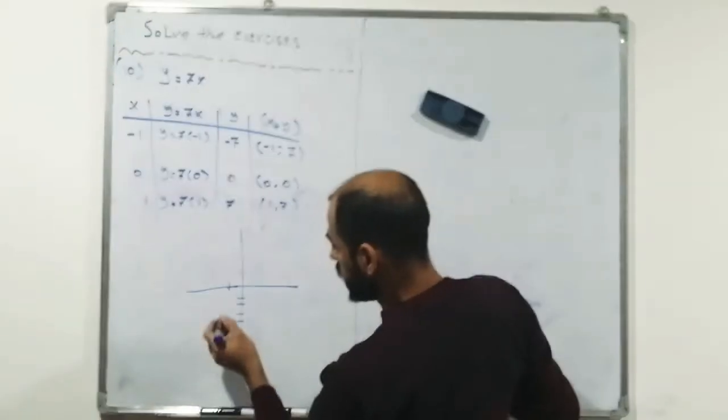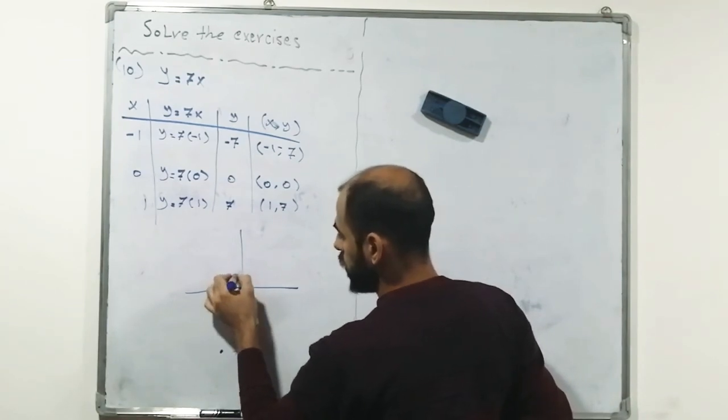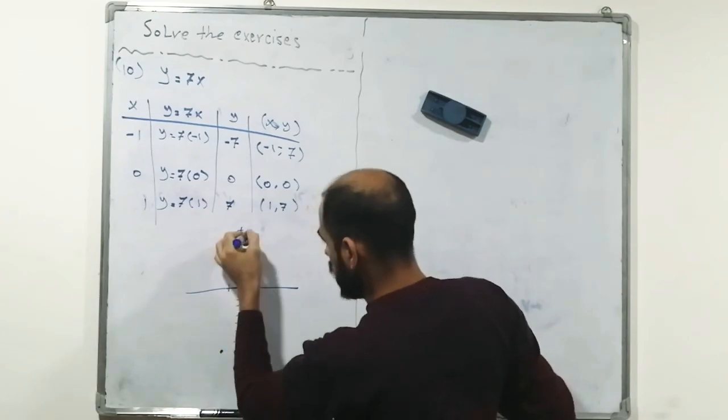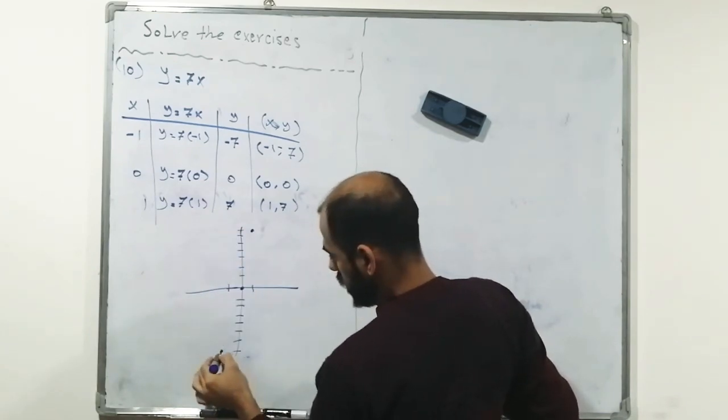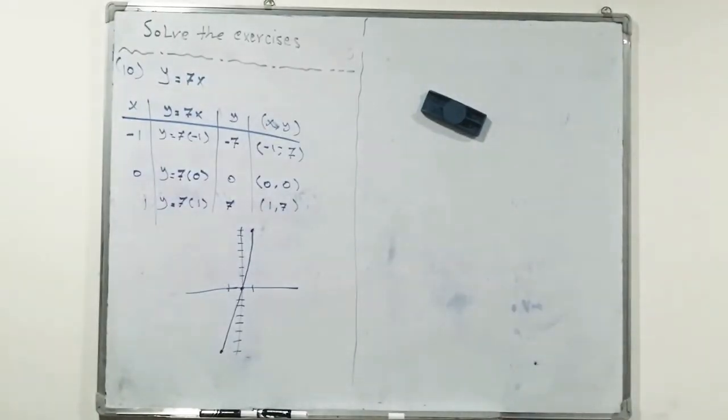This is the first point, and then (0, 0), and (1, 7). This is the graph of the linear function y equals 7x.